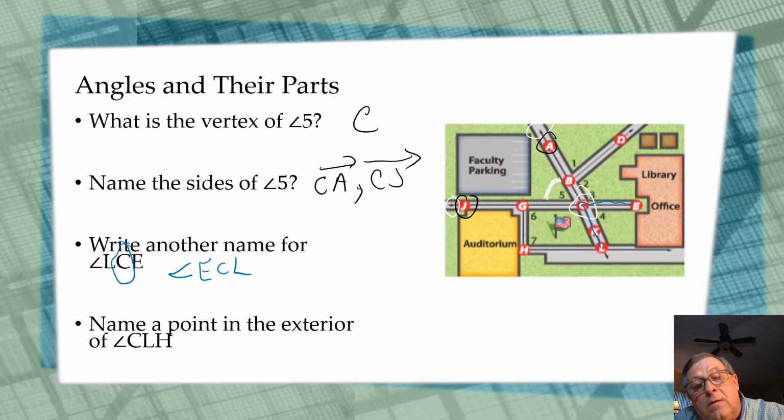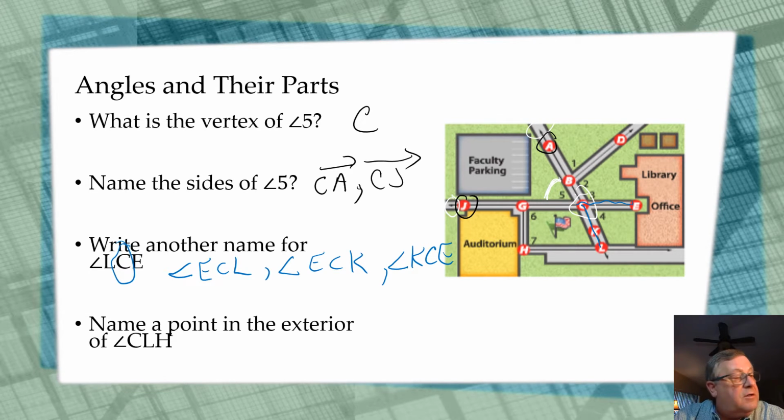Angle ECK would also be another name. And then I could go the other way, start with K, as long as my vertex is in the center, angle KCE. Let's see, there's a total of 4 names.